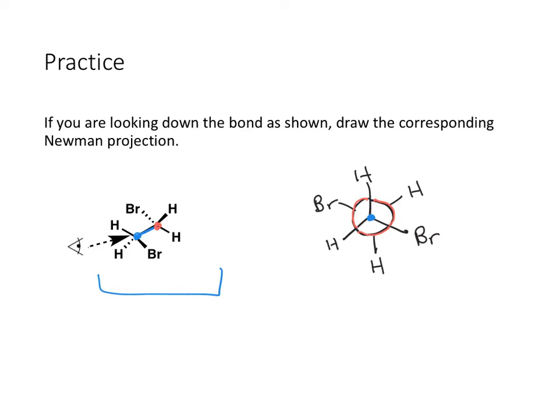And I recommend making this molecule and looking at it, and you can see how the things that are wedged like this look like they're on the right side, and the things that are hatched like this look like they're on the left side.